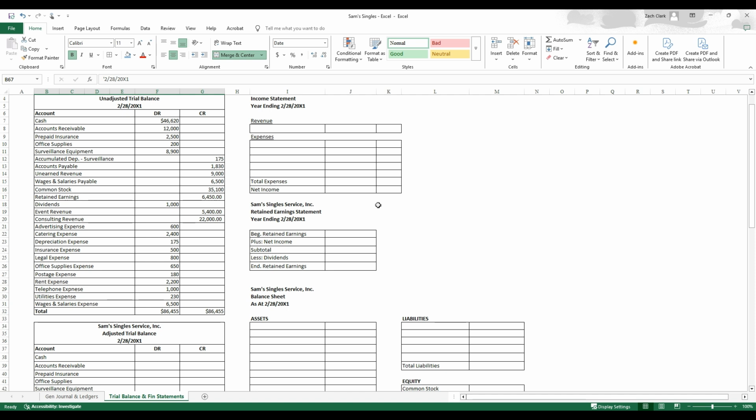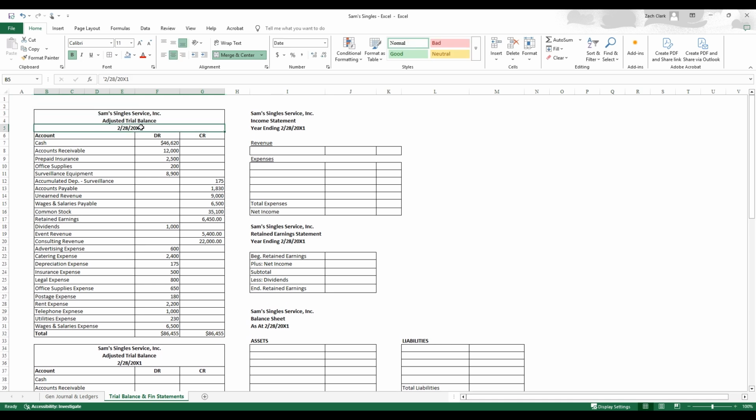Oh, you know what? I just realized I made one mistake here. This is actually our adjusted trial balance, so I'm just going to change the title. And then our unadjusted is down because we included the depreciation and accumulated the adjusting entry information here.